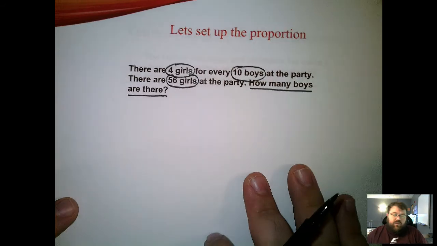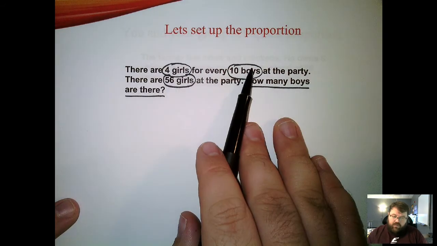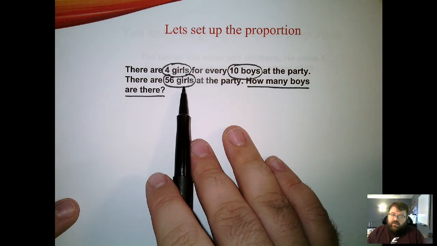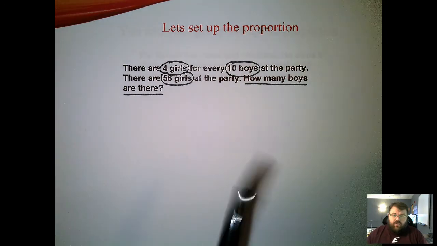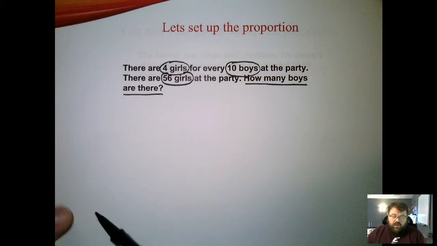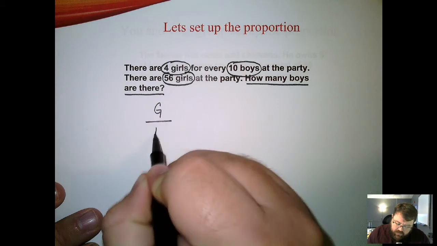Now looking at this question, we have girls and boys, and our third number is girls as well. So it's not combined here. They're still separate. So the two things that we're talking about are girls and boys.